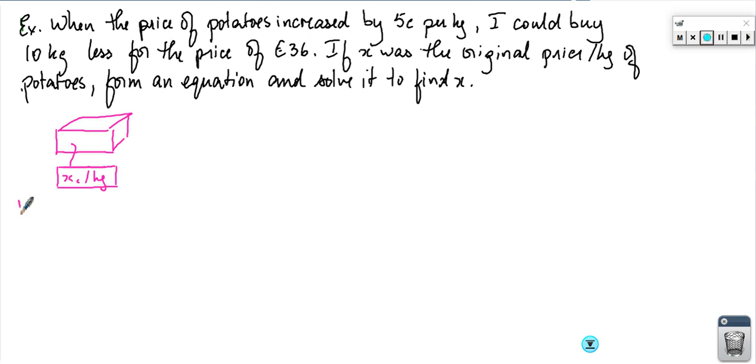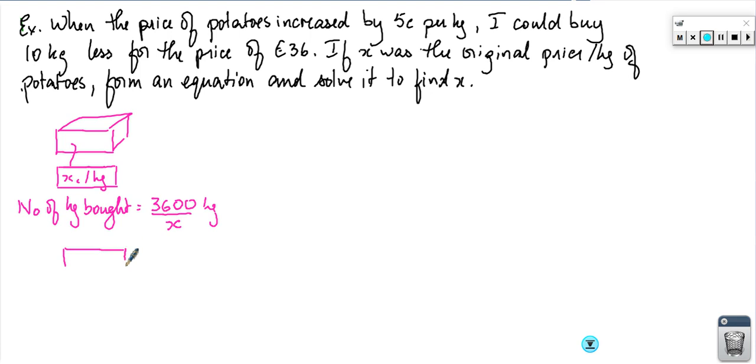So the number of kilograms bought is the money I have, 36 euros, which I'm going to change to 3600 cents, divided by the price per kilogram. So that's the number of kilograms of potatoes bought when the price was x cents per kilogram.